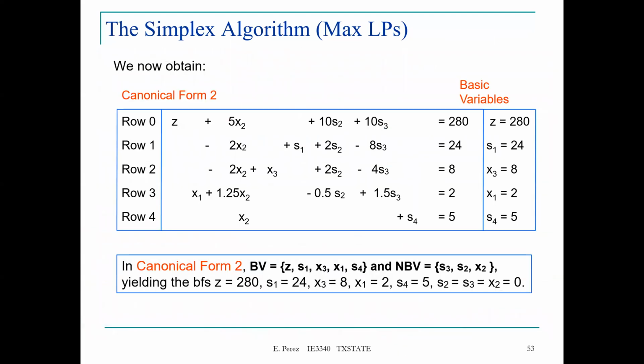So this is the canonical form. One more time, we put this into the equation form. And you see the basic variables are Z, S1, X3, X1, and S4, and the non-basic variables are S3, S2, and X2. Yielding the basic feasible solution Z equals 280, with S1 equals 24, X3 equals 8, X1 equals 2, S4 equals 5, and S2, S3, and X2 equal to 0.